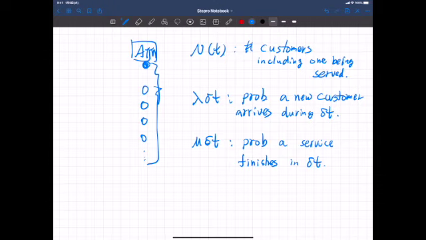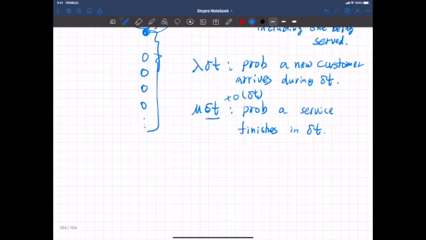So with this probability, the customer will leave from the server during delta t. And again, this should also include some higher order term of delta t, but we are going to ignore it.